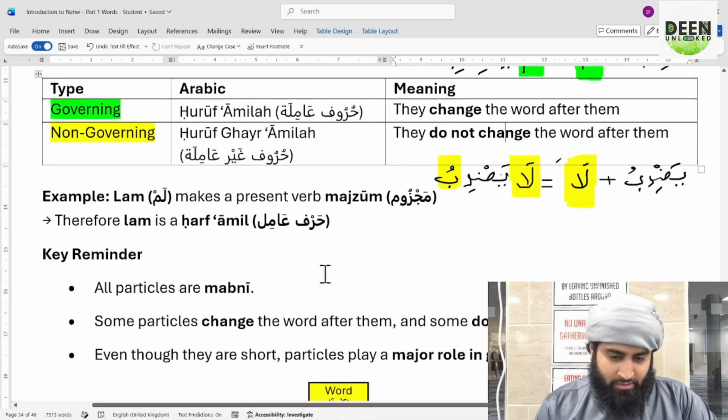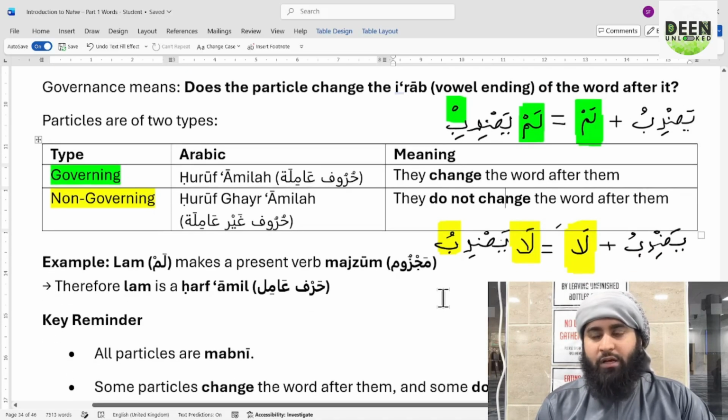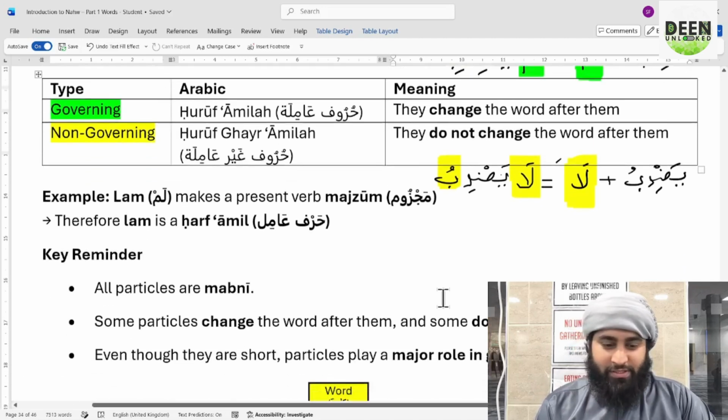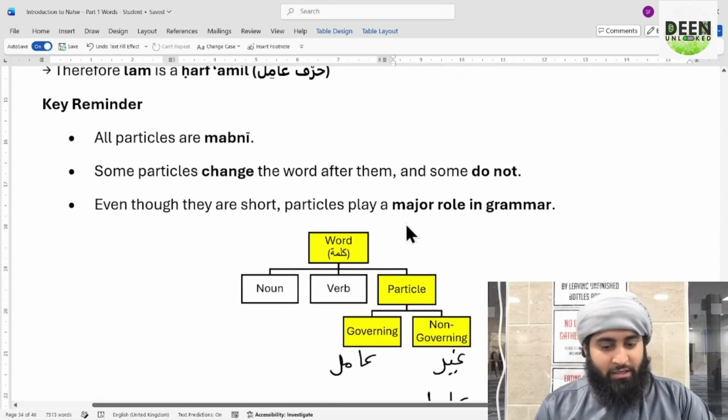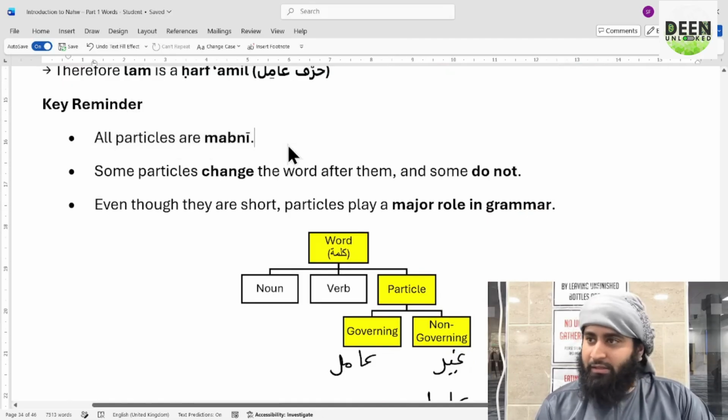So this lam is what we called a harf amila. Anyone know why I said harf and not huruf? Well done, mashallah. Huruf is plural and harf is singular. Well done.